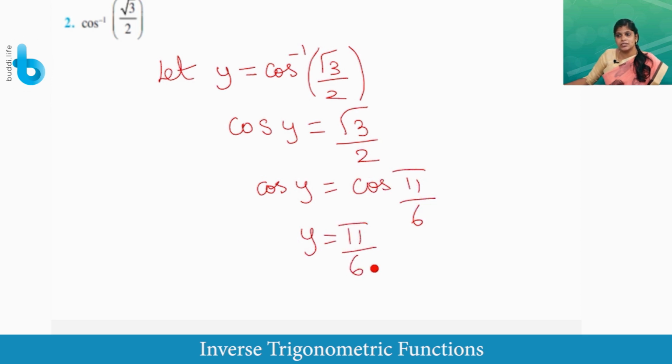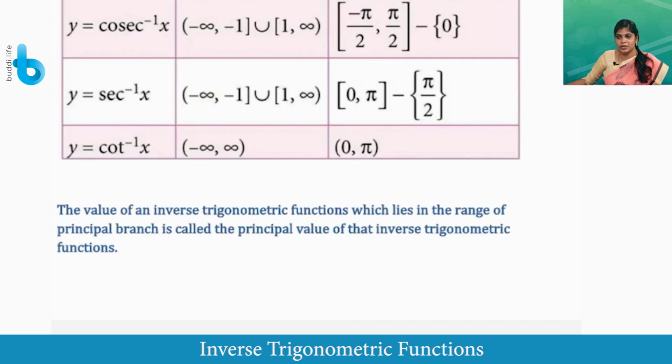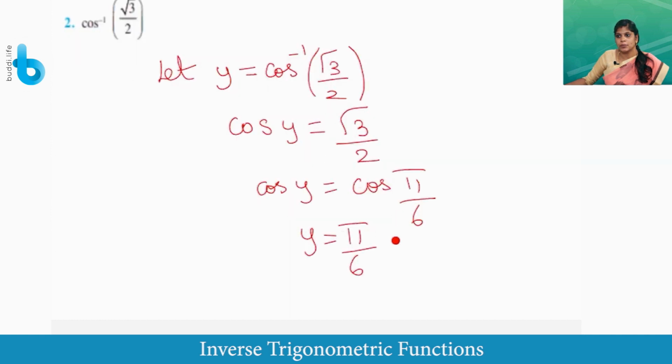So we have to check whether this pi by 6 falls under the principal range. First, the very first tabulation: cos values range from 0 to pi, both 0 and pi included.